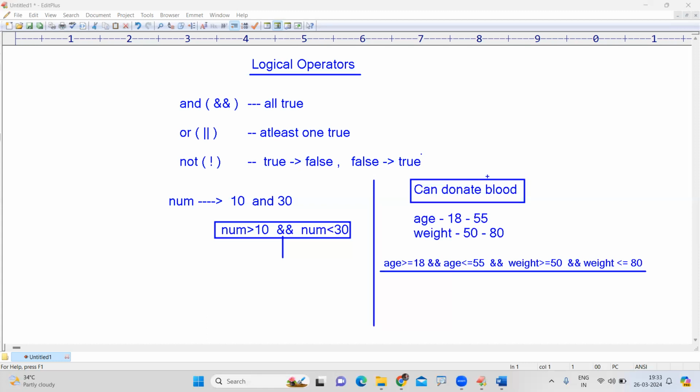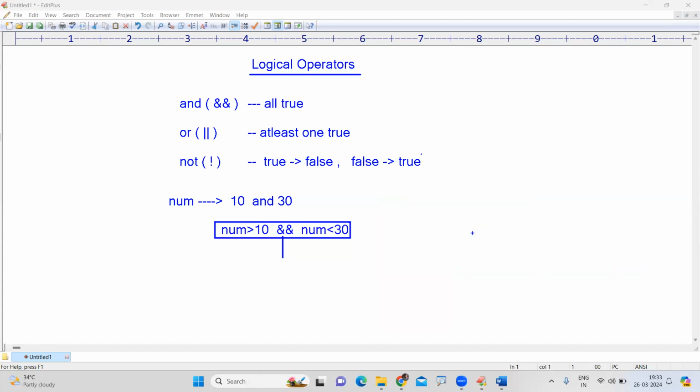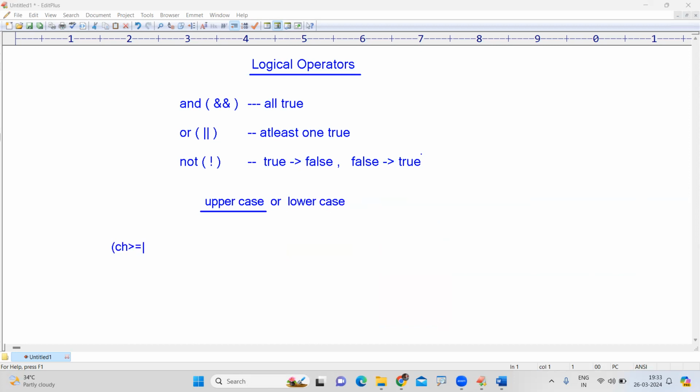Suppose a character is given, and we check whether it is an alphabet or not. Alphabet means what? Either an uppercase character or a lowercase character. First, what is an uppercase character? The given character is greater than or equal to capital A and less than or equal to capital Z. Or lowercase means what?